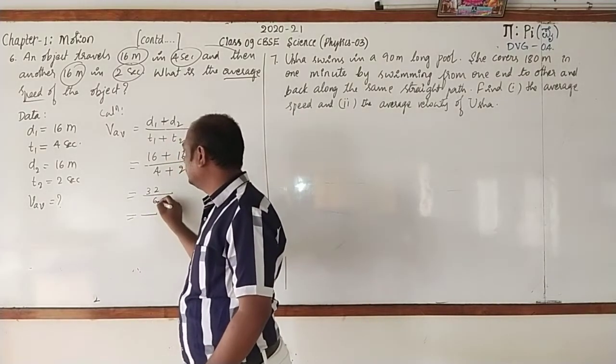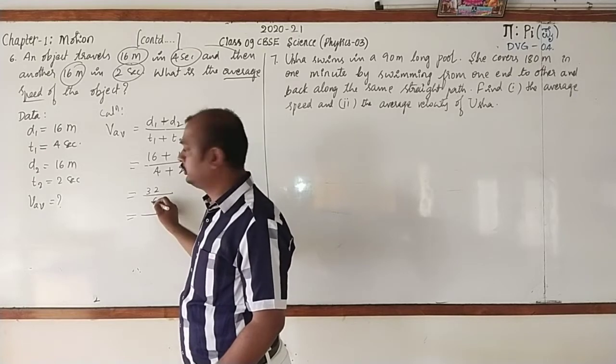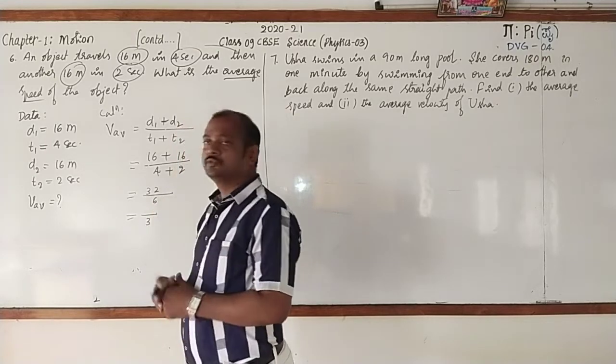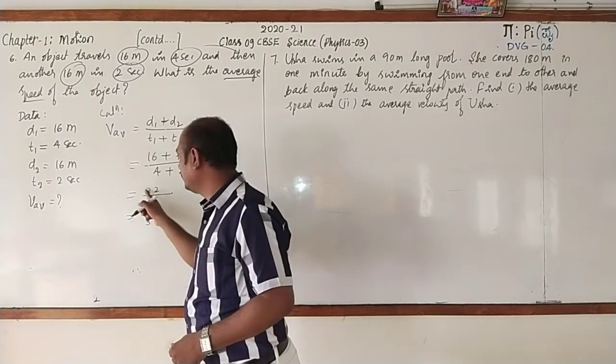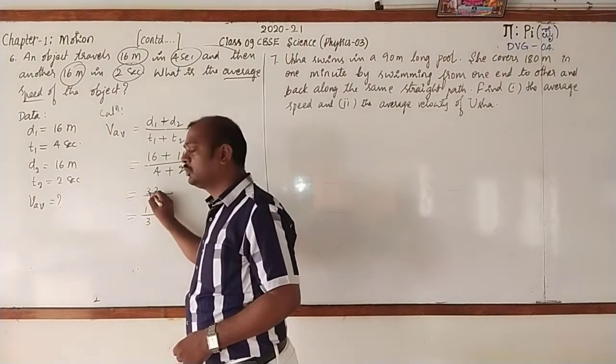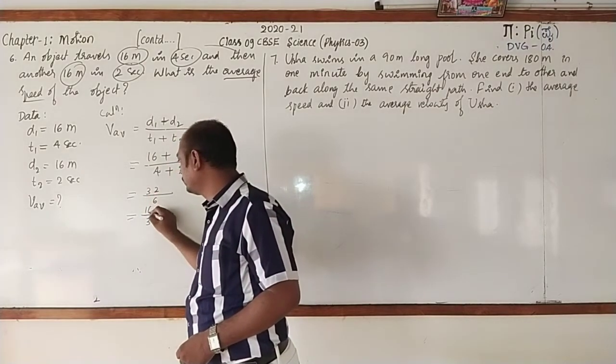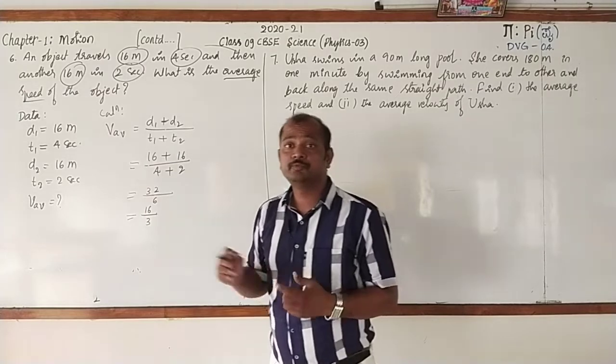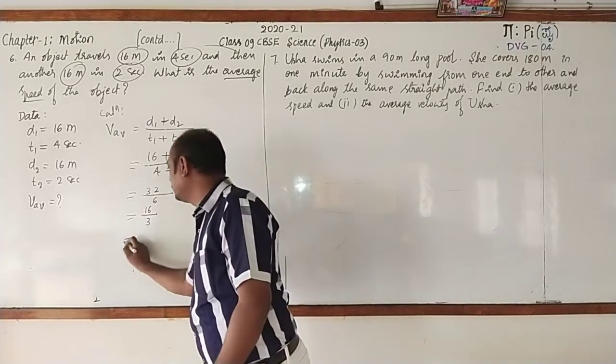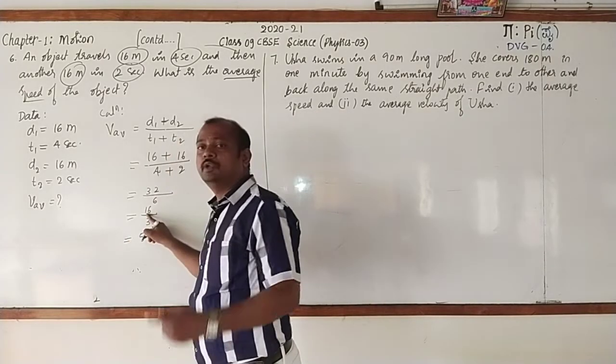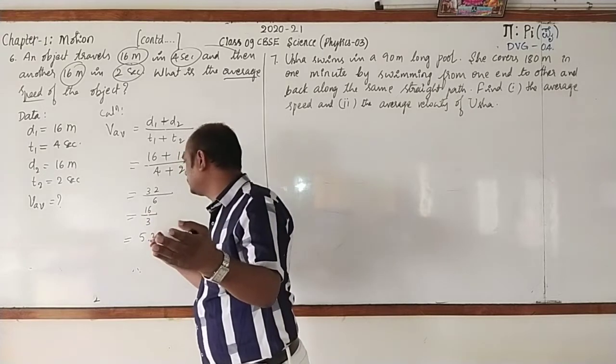Both are even, hence you can cancel it by 2. 2 how much are 6? 3. 2 how much are 32? See, 2 1s are 2, 1 will remain, it becomes 12. 2 6s are 12. So 16 by 3. Divide 16 by 3. 3 5s are 15, 1 will remain, it becomes 10. 3 3s are 9.